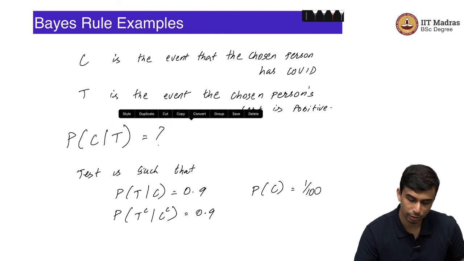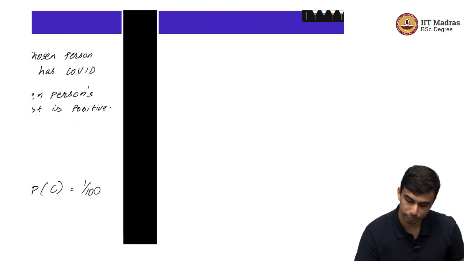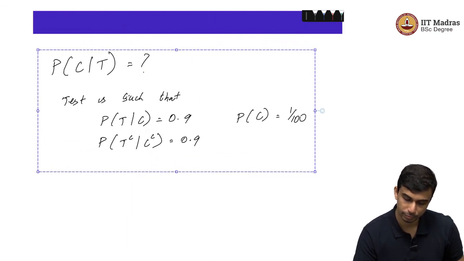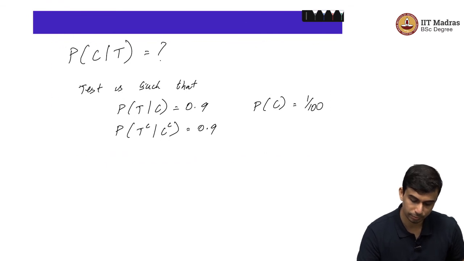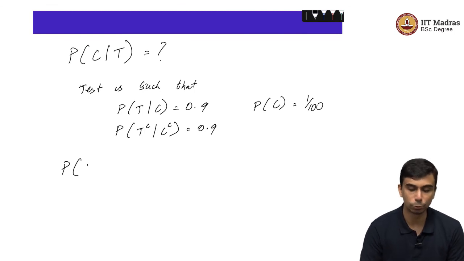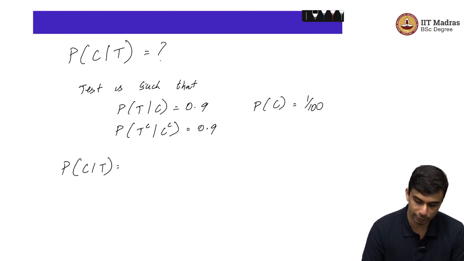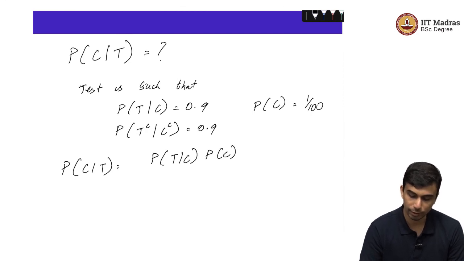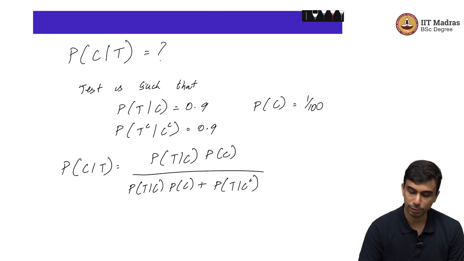Let me just copy this and paste this. Well, you can use Bayes rule once again here. What is probability of C given T? Probability of C given T is equal to probability of T given C into probability of C, divided by probability of T given C into probability of C plus probability of T given C complement into probability of C complement.